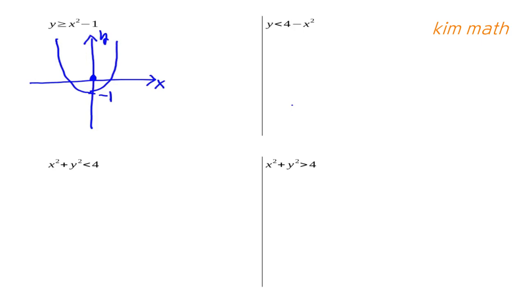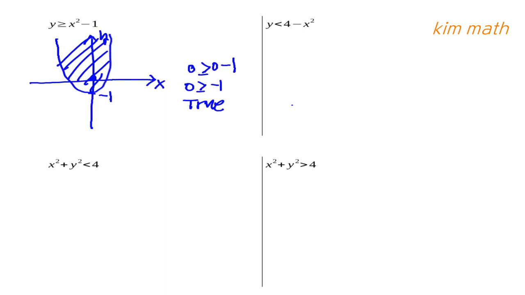Unless (0, 0) is on your graph, in most cases the origin will be the best choice for checking. So 0 is greater than or equal to 0 minus 1. So 0 is greater than or equal to negative 1. Okay, this is true. So your answer must be here.